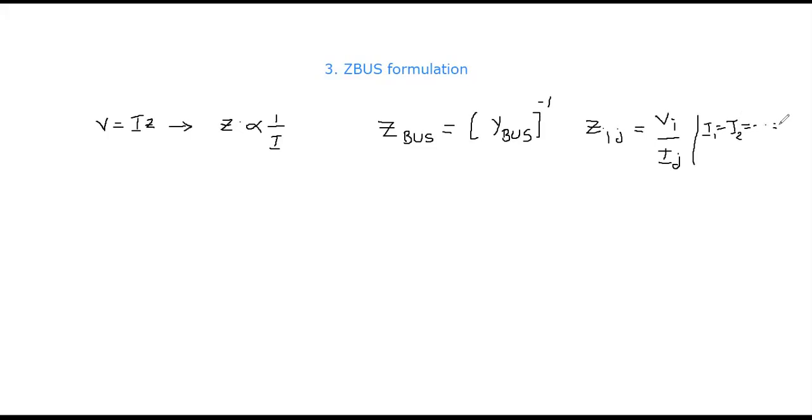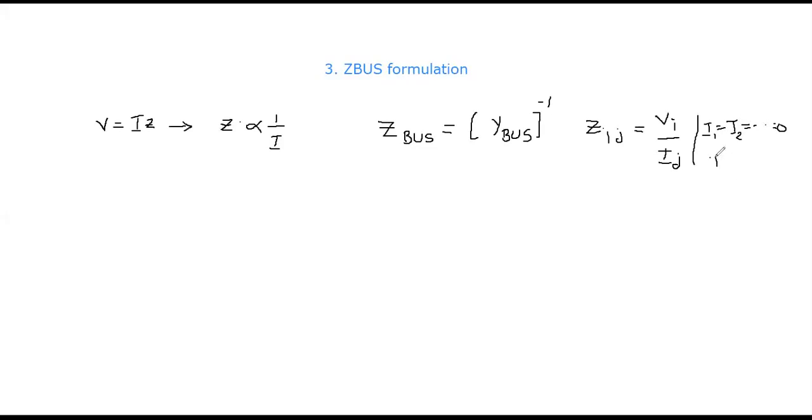You can also consider these Z parameters as open circuit parameters. Once you open circuit one port, you will get two parameters, and if you open another port, you will get another two parameters. If it is a two port network, you will get four Z parameters, Z11, Z12, Z21, Z22. If the number of ports increases, the Z parameters also increase.